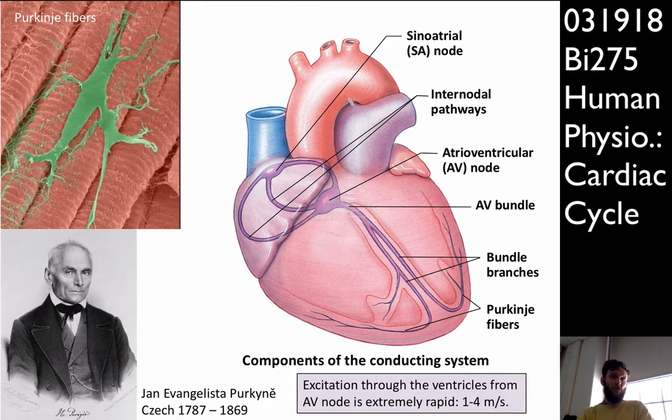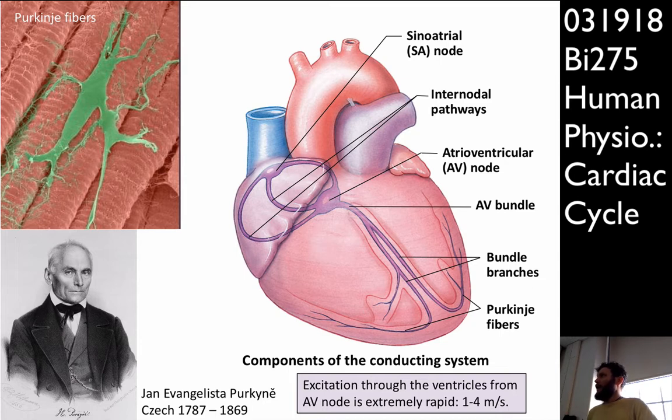Heart muscle tissue is able to spontaneously depolarize. The heart itself is able to contract on its own without external prompting. And the origin of this is the cardiac conduction system, which is outlined here in purple.